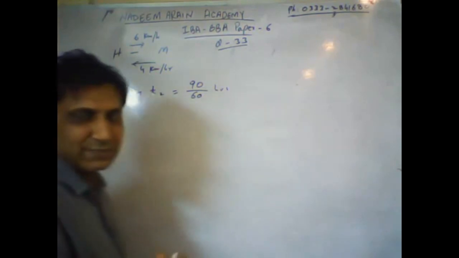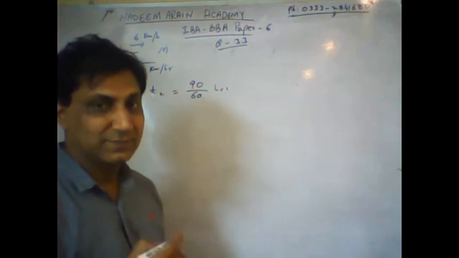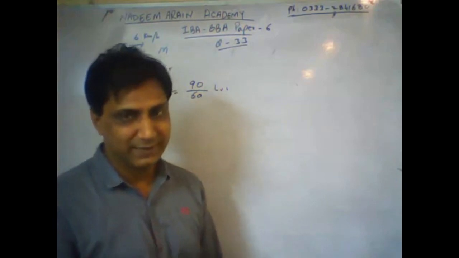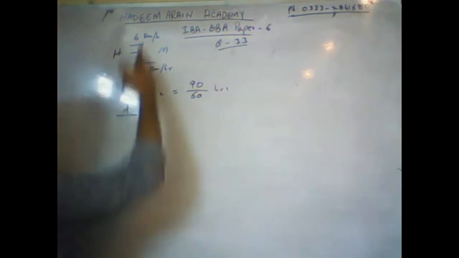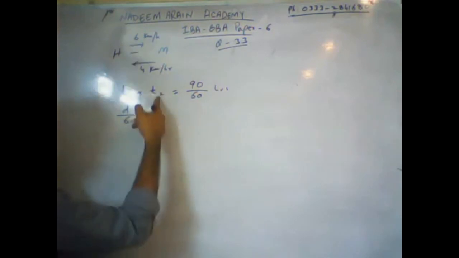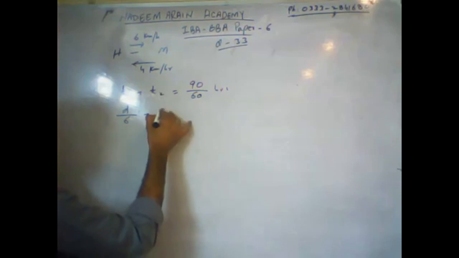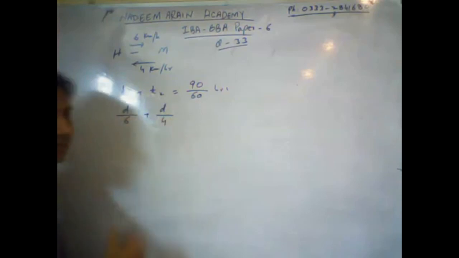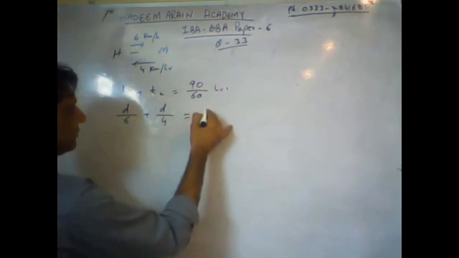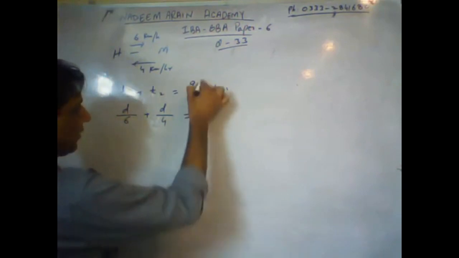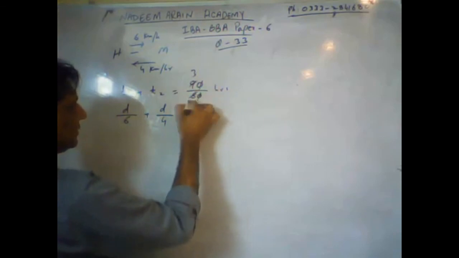Time is equal to distance over speed. In this case distance is the same in both cases. So this will be distance upon first speed 6, and distance upon speed when he was returning. This is equal to 90 over 60 or 3 over 2.